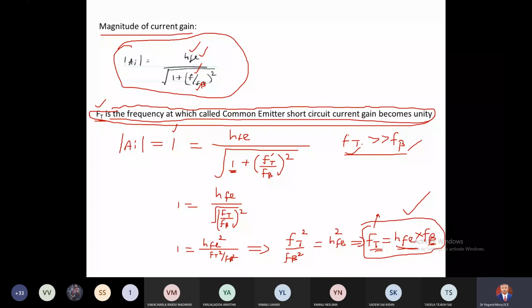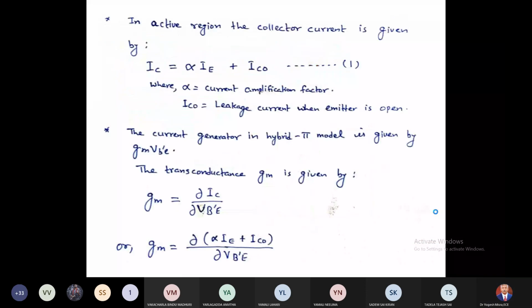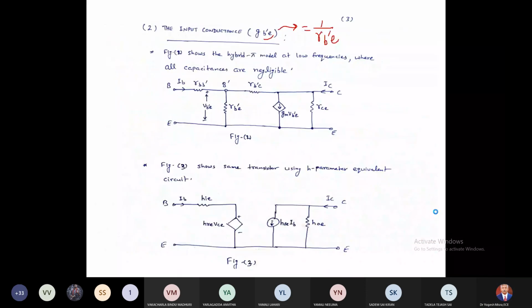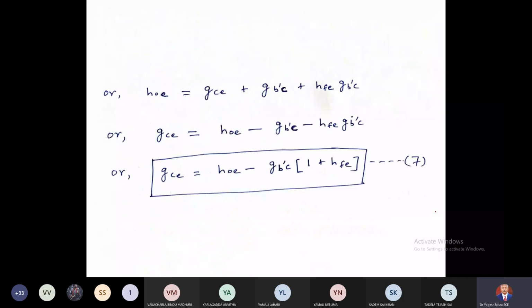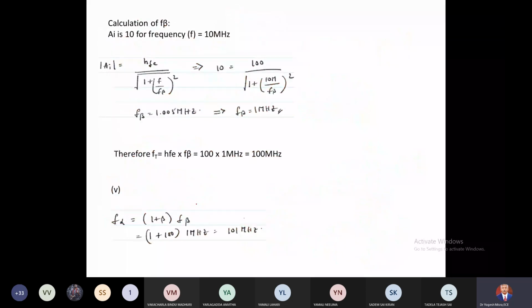HFE is the current gain, that is beta, multiplied by F beta. In this formula HFE is given, but the value of F beta is not given in the numerical, so we have to calculate it.